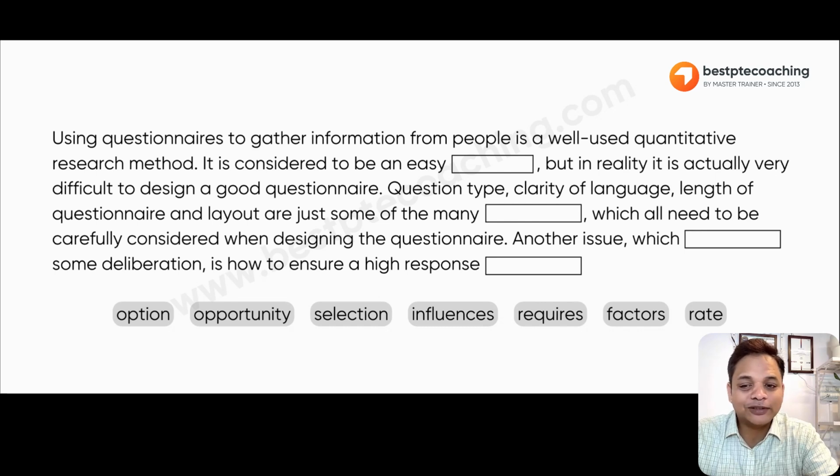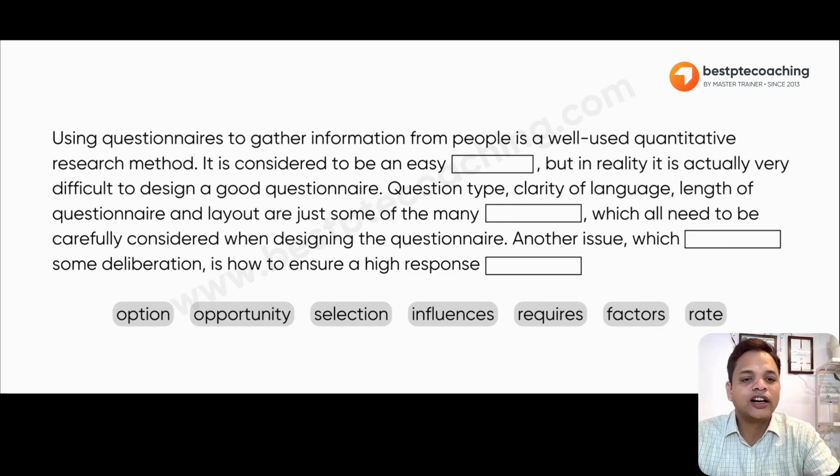Another issue, which blank some deliberation, which needs some deliberation, or which requires some deliberation. The correct answer is how to ensure a high response. A high response what? High response rate is a collocation.